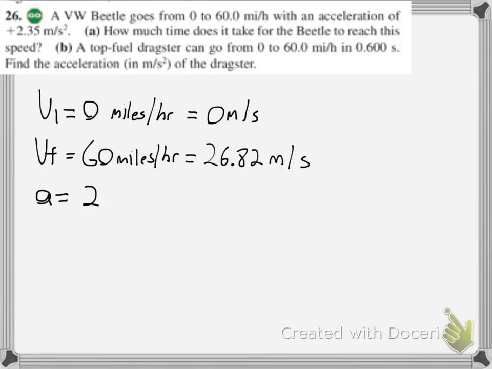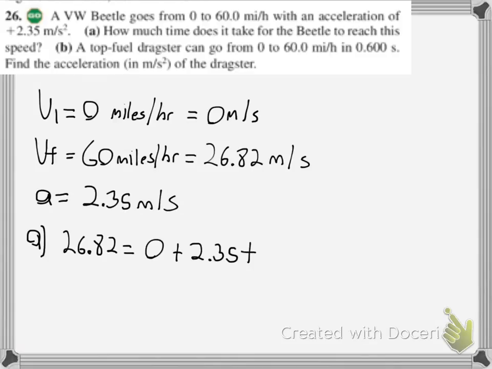And they give us our acceleration, which is 2.35 meters per second squared, and we are trying to find the time. So the equation that we would use is our final velocity is equal to our initial velocity plus our acceleration times our time. Once we plug in those values, we get that our time is equal to 11.41 seconds. So that's our answer for part A.